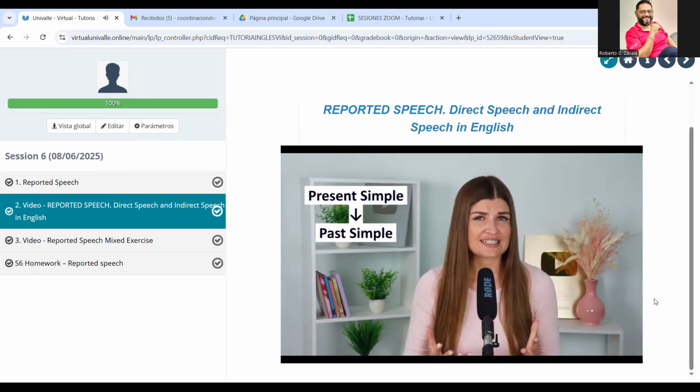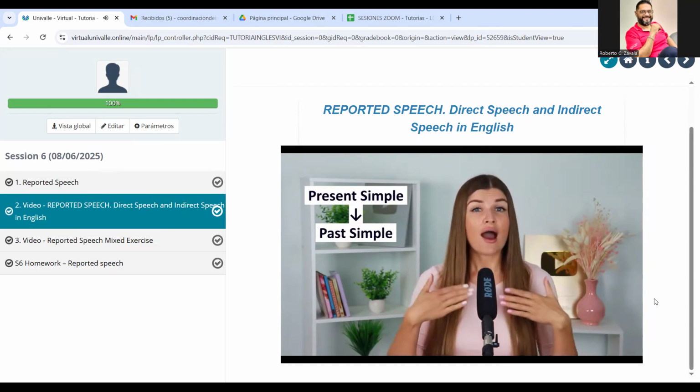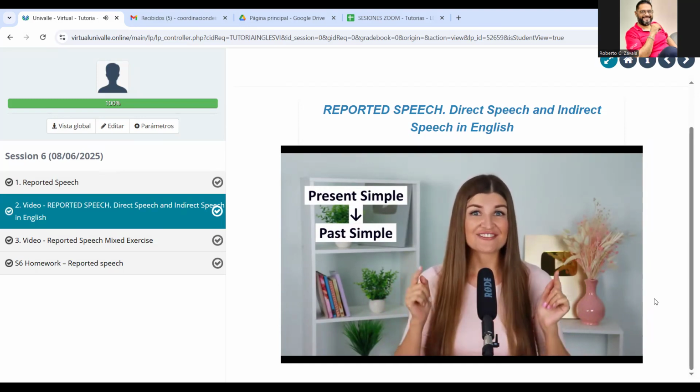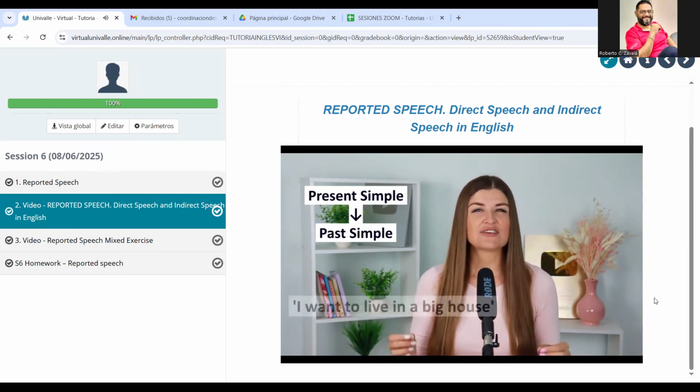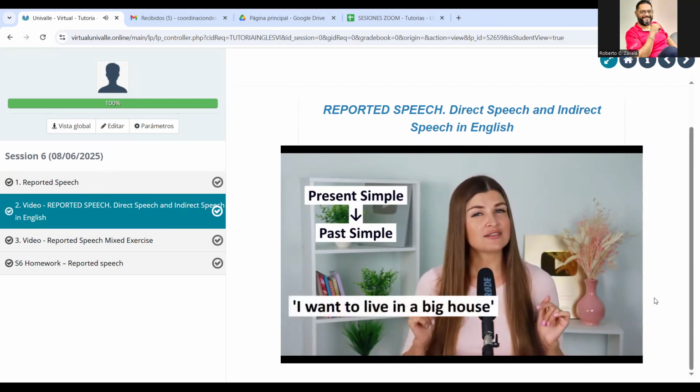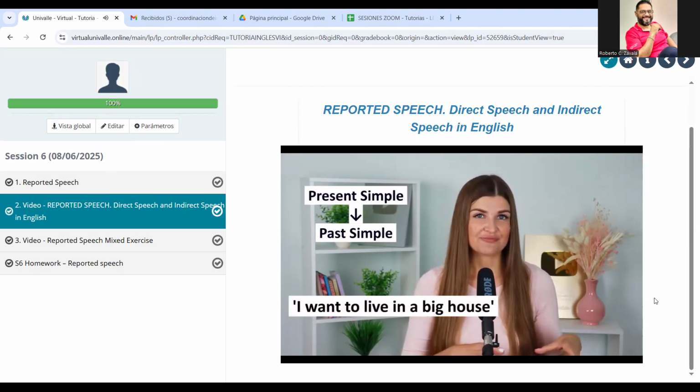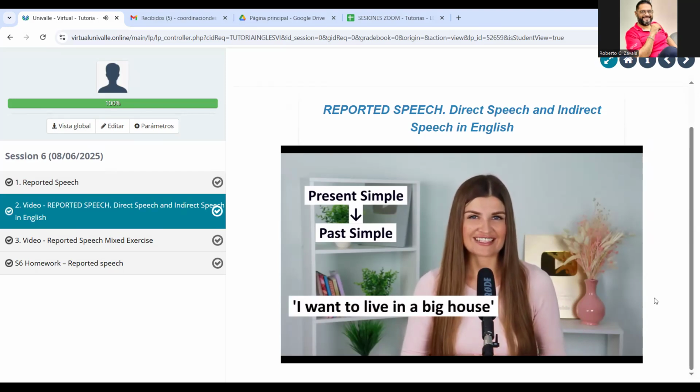For all these sentences, I'm going to say I, and you have to change it to Kate said that she. So the first one, "I want to live in a big house." You need to start it with Kate said that she. I'll give you a few seconds.